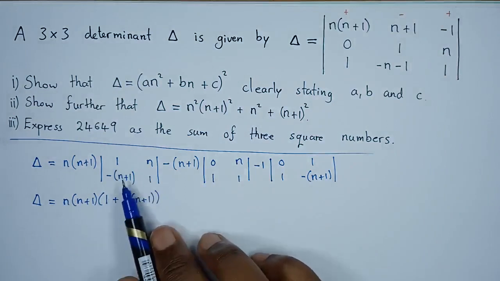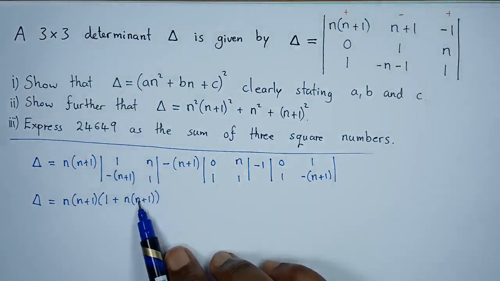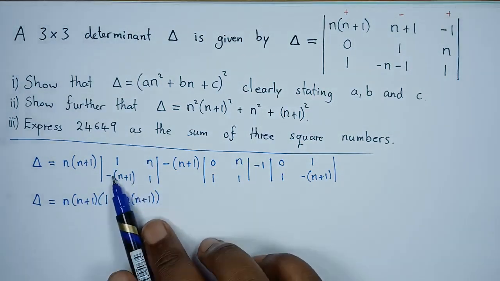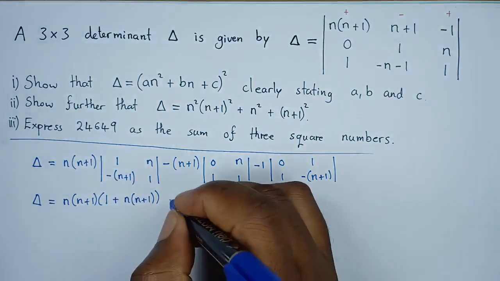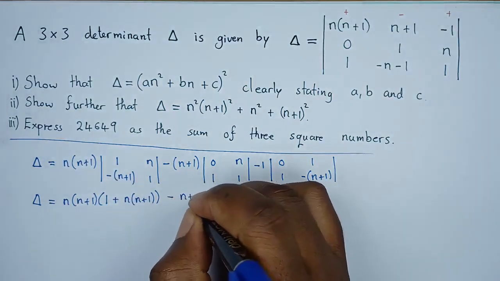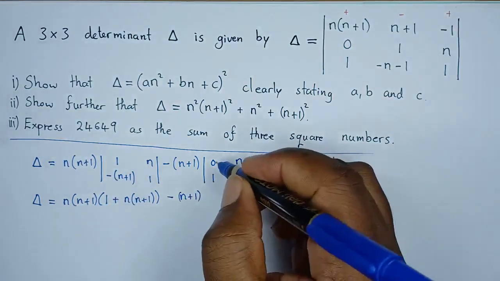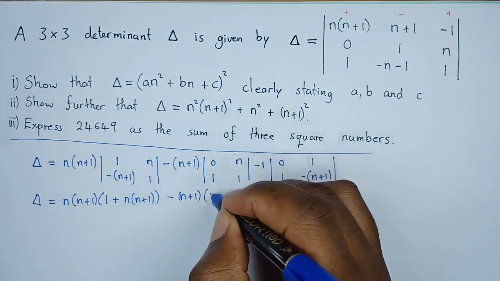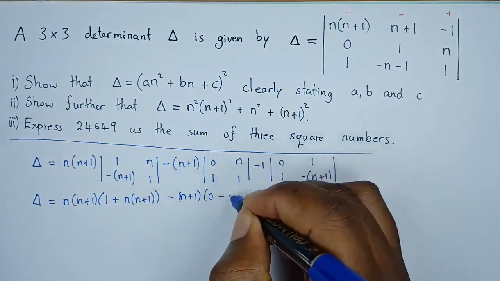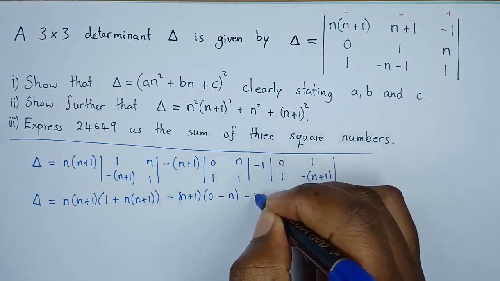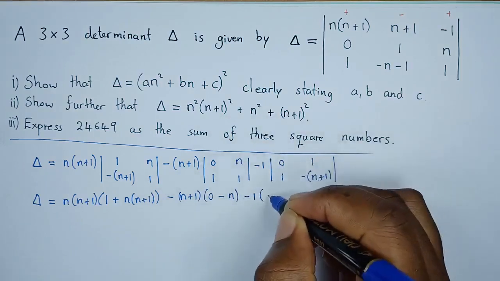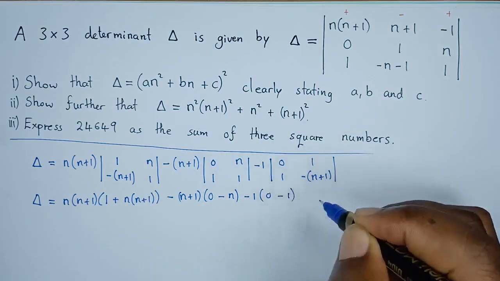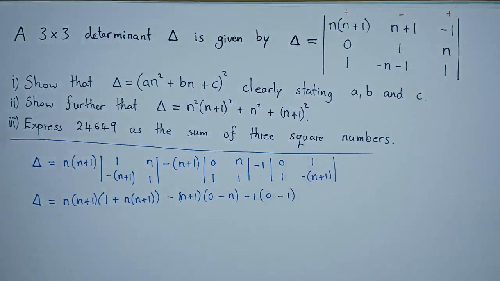So this times this 1, then this times this will have this, but since they are subtracting, this negative will become a positive. Minus n plus 1, in brackets, this will give us a 0, minus this will give us n. Minus 1, open bracket, this will give us a 0, minus 1, like that.